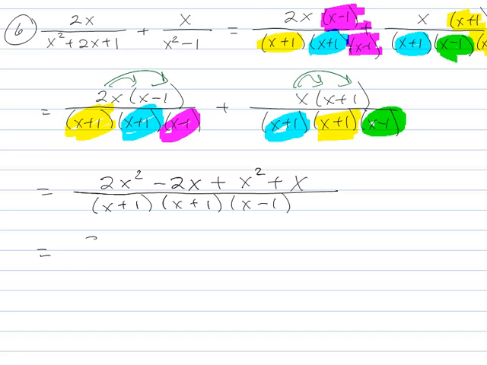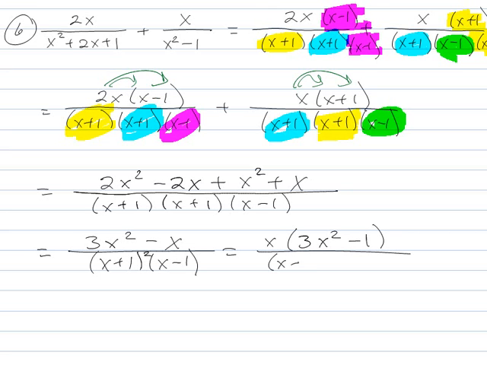Combining like terms, I get 3x squared minus x, and I'm going to go ahead and write it like that now if I can get away with it. Can't do much here. If I pull out an x, I get 3x squared minus 1, which isn't anything that's going to factor out with anything on the bottom. So I'm done with that problem.